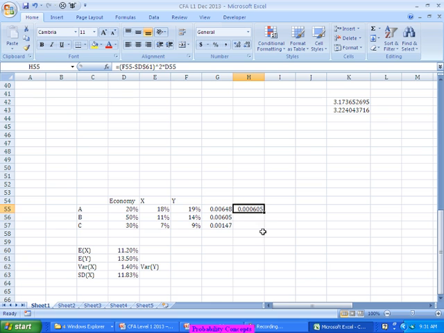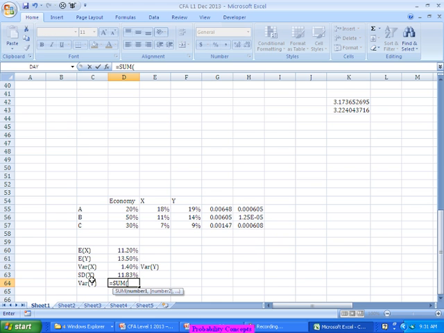Based on that, from here I will get my variance of Y as a simple summation of these, which is giving me even lesser, 0.12%.